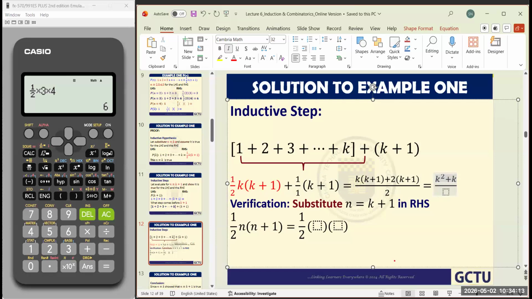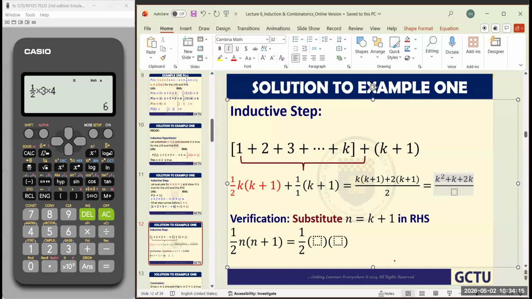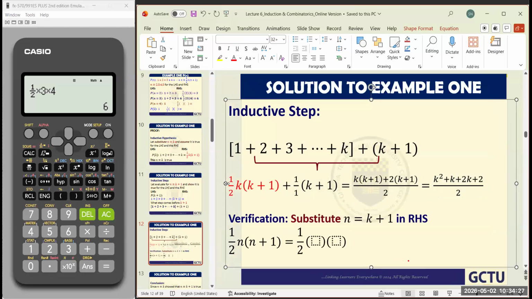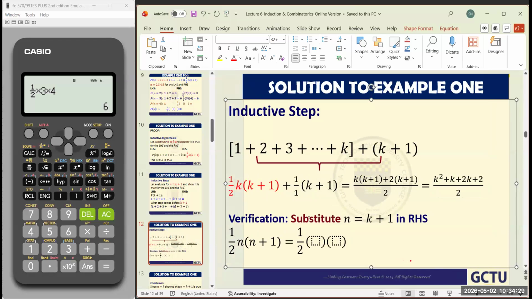Okay, then plus 2k plus 2. I hope you see it. And then the denominator is equal to 2. Okay, now what do we do next? When we simplify the k squared plus 2k plus 2, we have a calculator, so we don't have a problem. So the numerator will give us k squared.